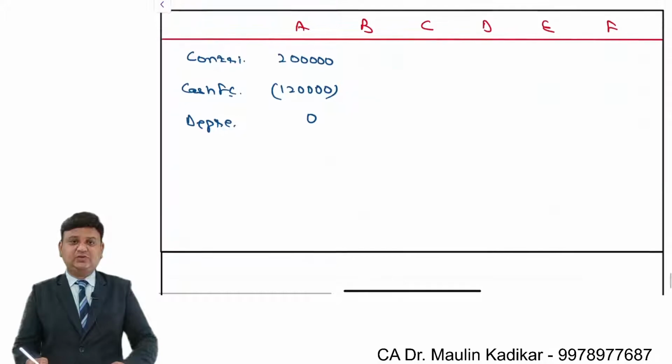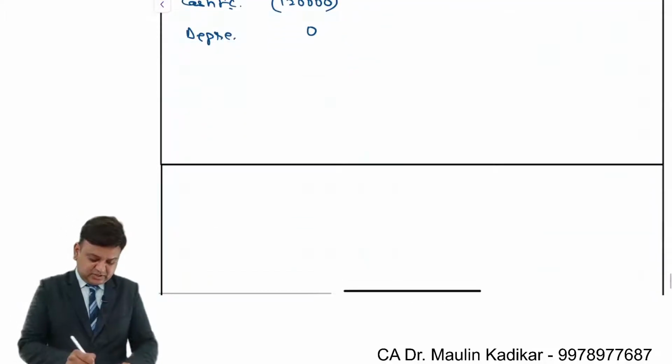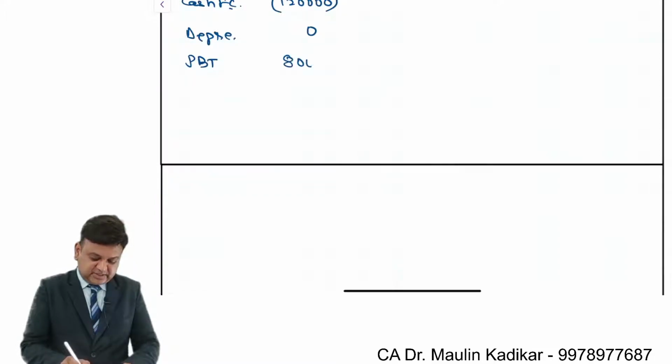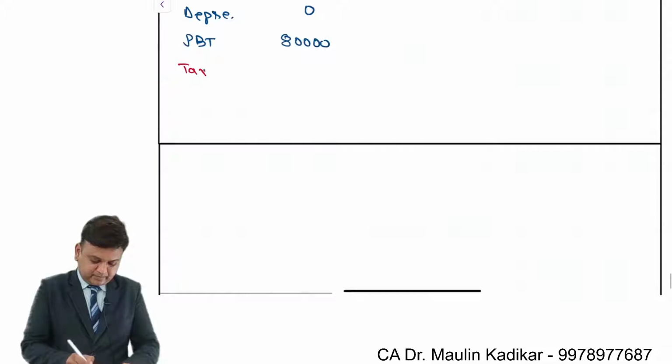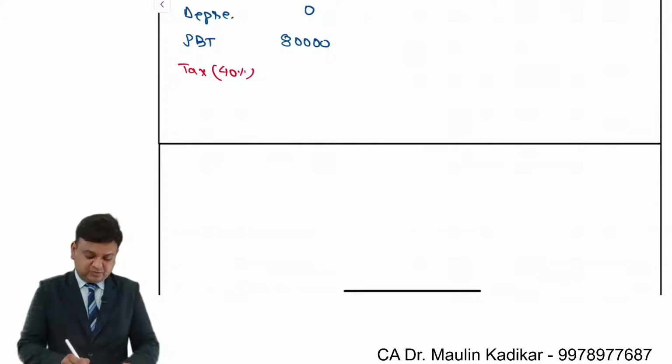Contribution minus cash fixed cost minus depreciation is profit before taxes. That is 80,000. Income tax at the rate of 40% comes to 32,000.